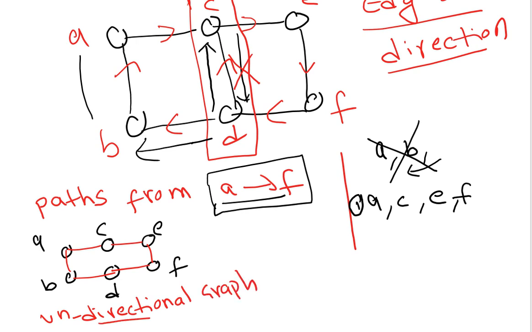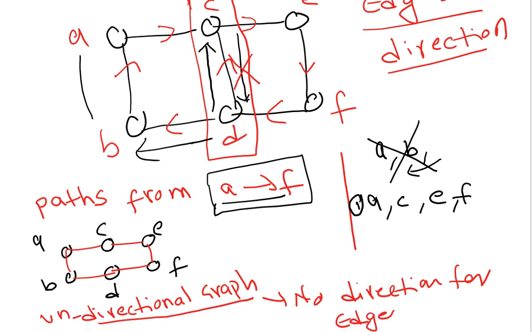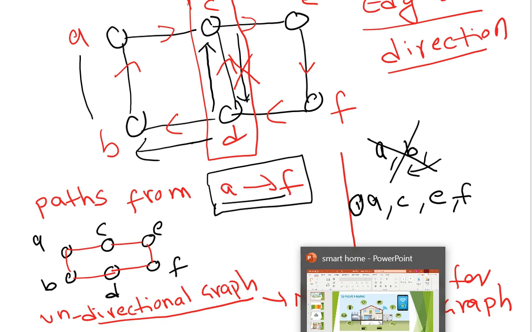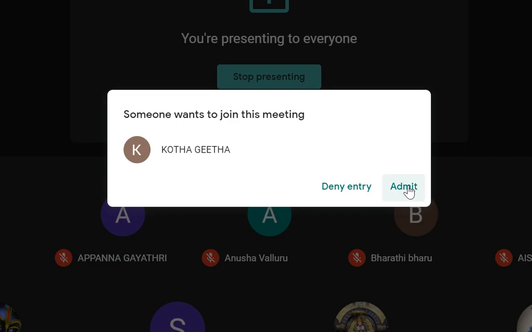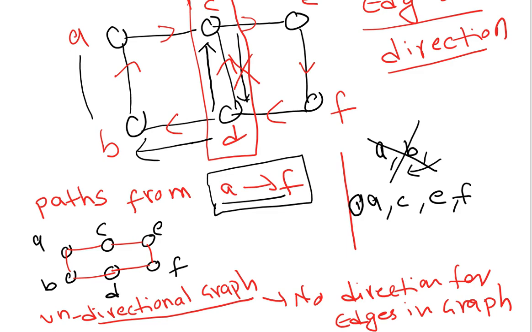Undirectional means there is no direction for the edges in the graph. So the paths will be from A to B.